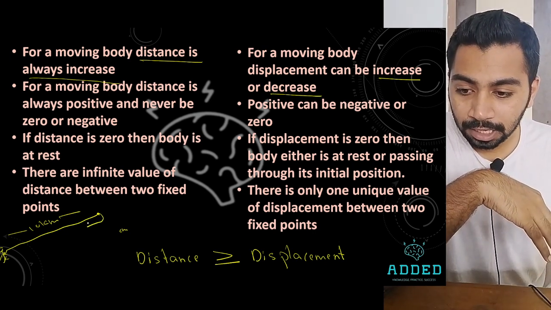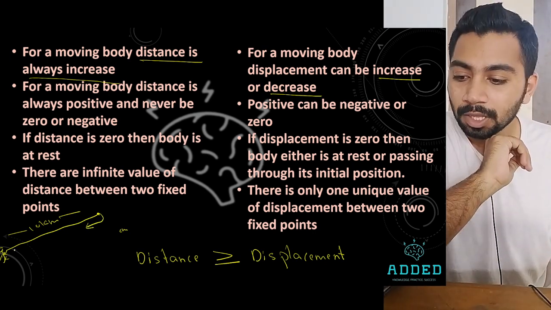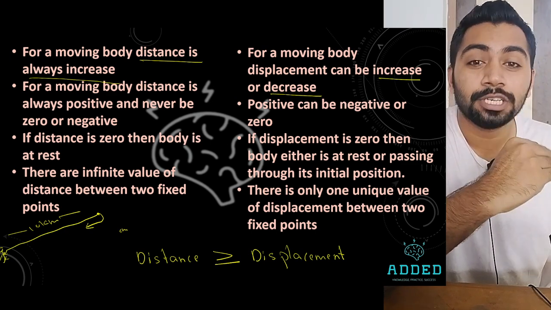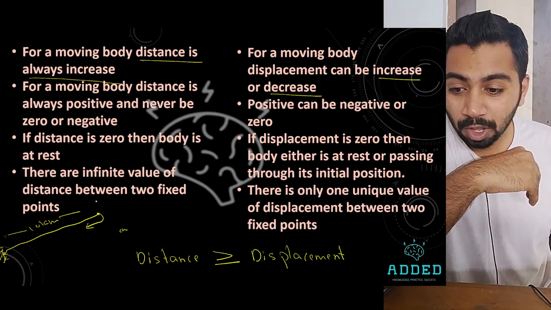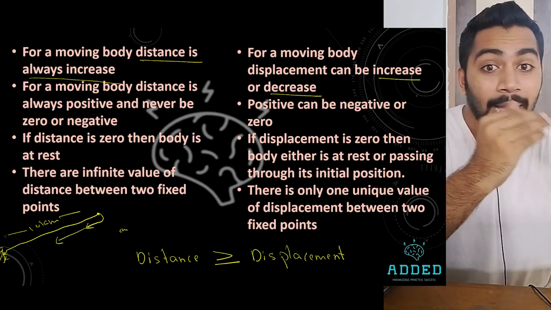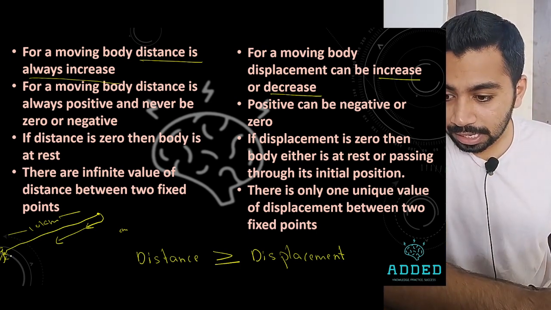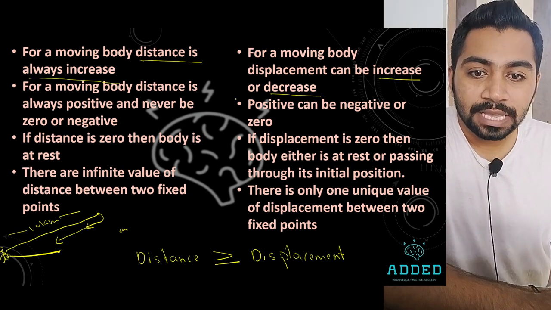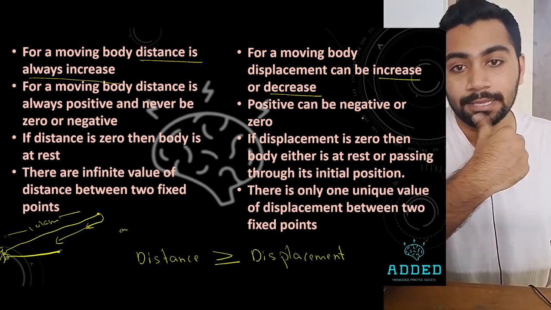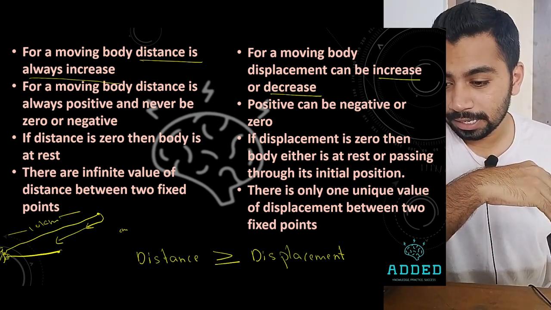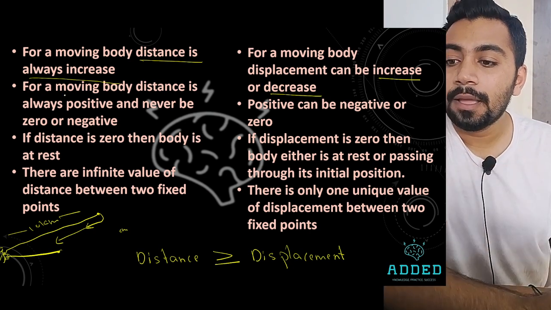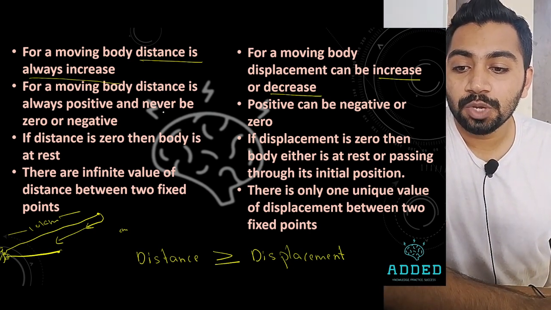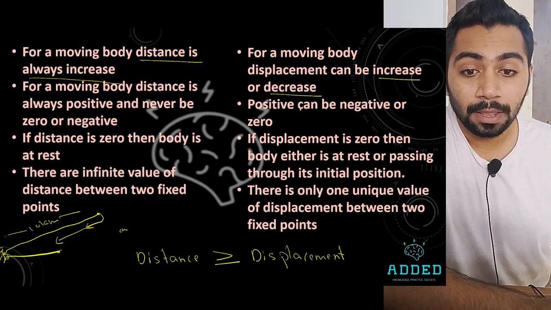Now if you take a little U-turn, now this initial and final position distance decreases. Now if we travel much more near, again decrease initial and final point distance. So we can say displacement can increase or decrease. And next point, for a moving body distance is always positive and never negative or zero.